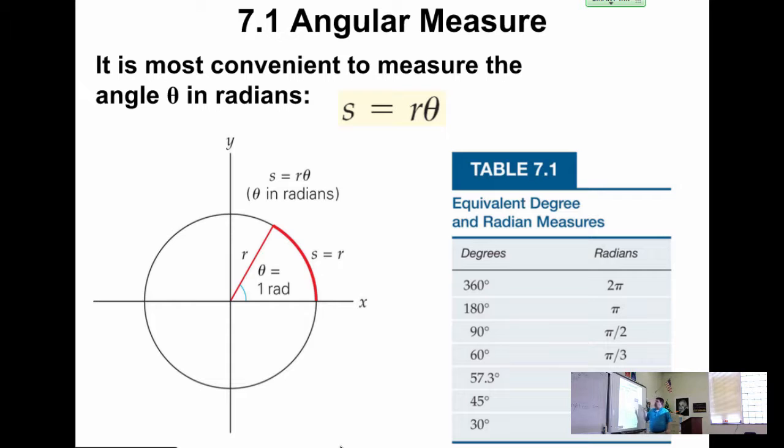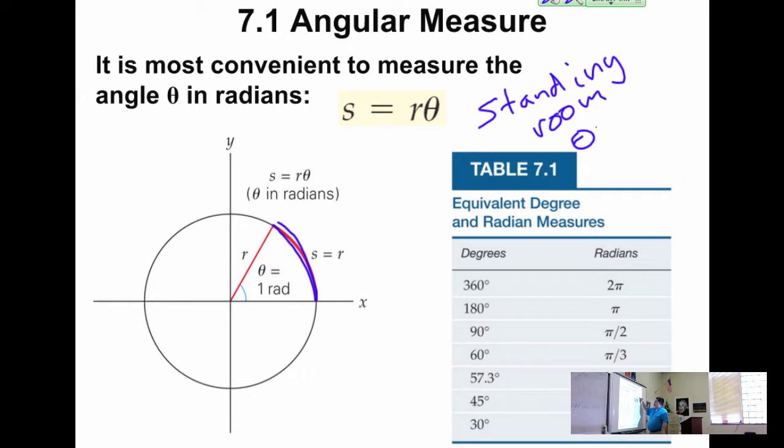So then, one way that we can measure the angle is there's this relationship between the arc length S, the radius, and theta. Now, this kind of looks like an O, and Mr. Adams always remembers this relationship by remembering the phrase standing room only.